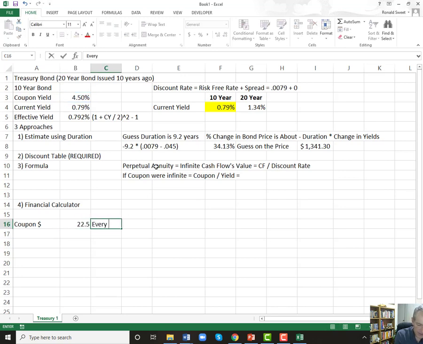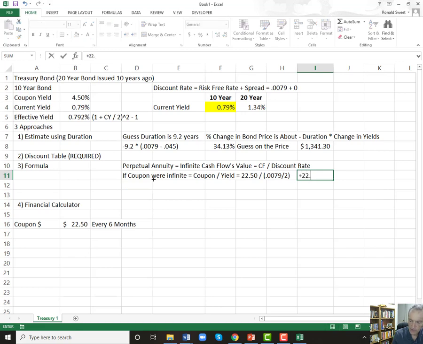So we get that every 6 months. There's our cash flow. It's $22.50 every 6 months. So the value of that $22.50, if we got it forever and ever, would be $22.50 divided by our current yield of 0.0079. We have to divide by 2 because we're getting it twice a year. So there's the value of our coupon for all of eternity.